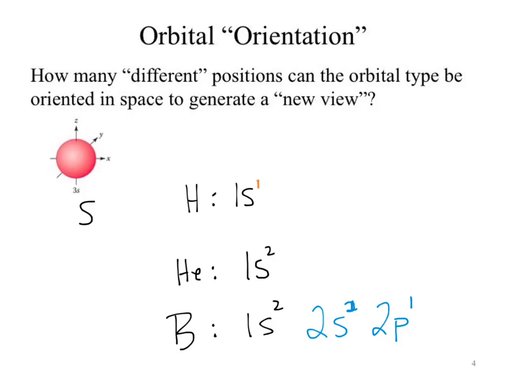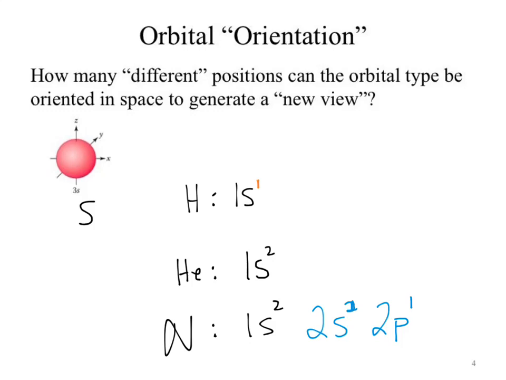What happens if we jump up to, say, nitrogen? 1s2, 2s2 gets us how many electrons? 4. Our boron gets us 5. How many electrons can that 2p orbital hold? So this is where our confusion shows up. I asked for the orbital.